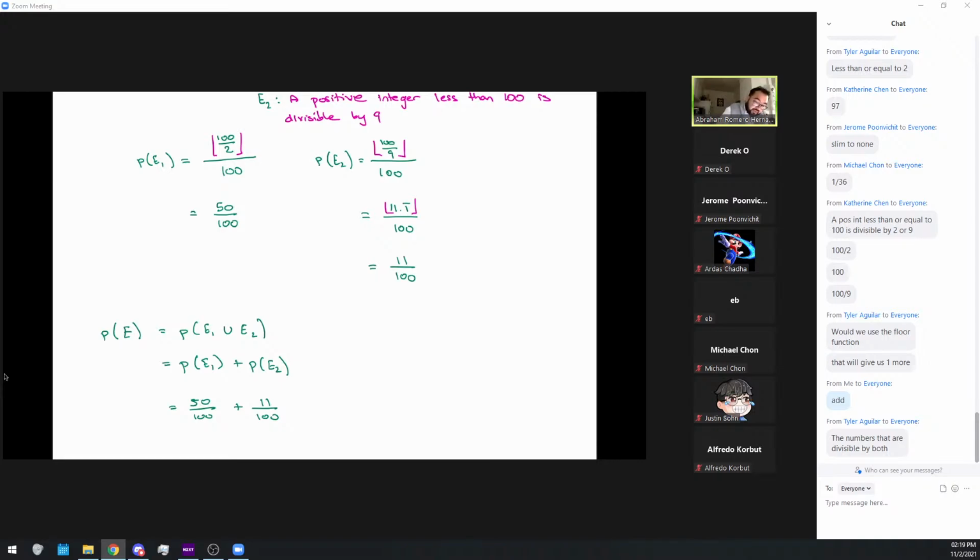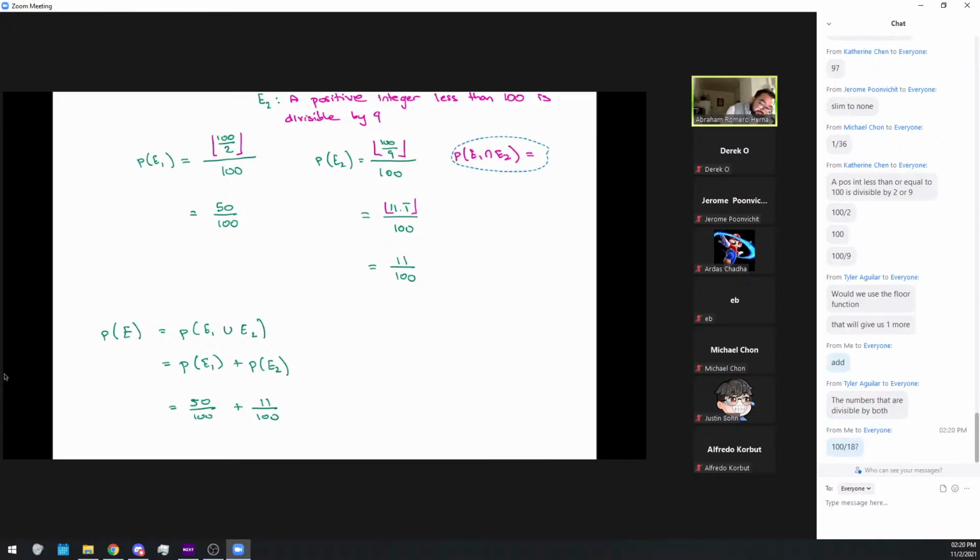So what about the probability of the numbers that are divisible by both? So the intersection of those. How do we figure that out? Right, 18. 100 divided by 18, we do a floor function as well, and divide that by 100. Why 18?